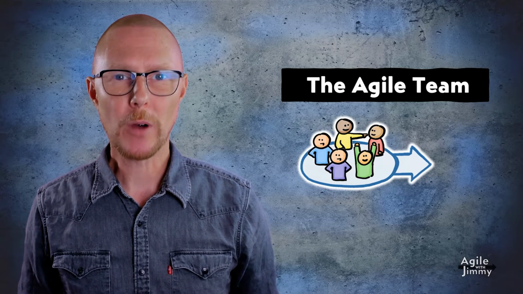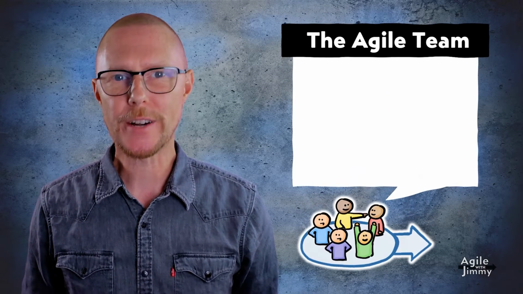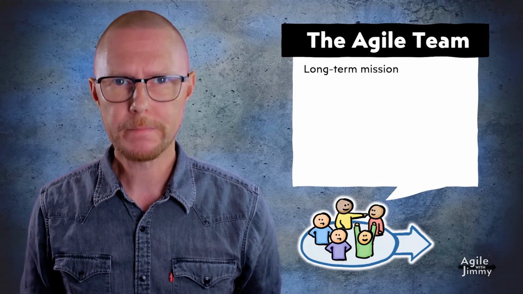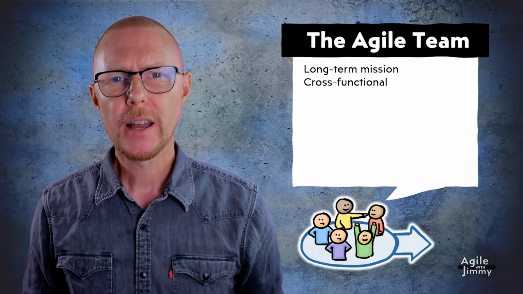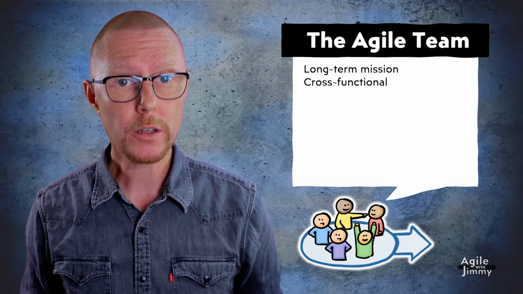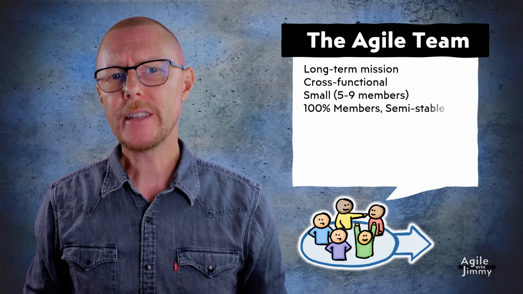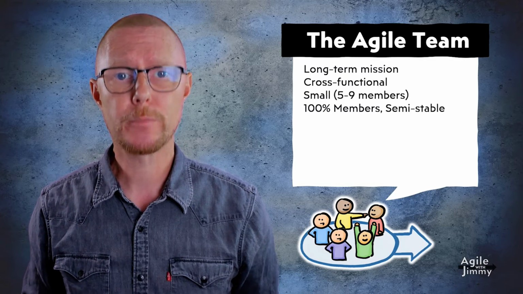The core unit of almost all modern organizations is the team. That's where the magic happens. An Agile team is on a long-term mission to achieve a collective outcome. It's cross-functional, i.e. collectively has all necessary skills to accomplish the work. The team is small, 5 to 9 members, and each member belongs to one team and one team only, 100%.